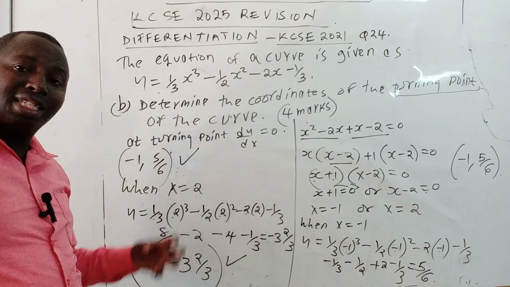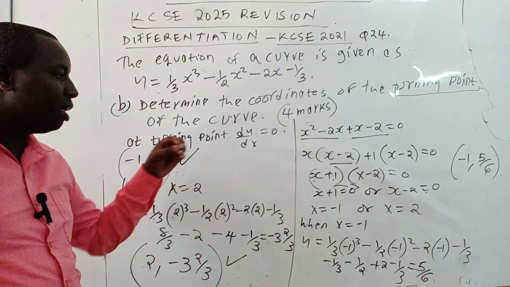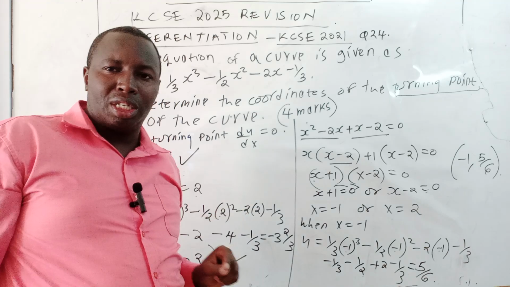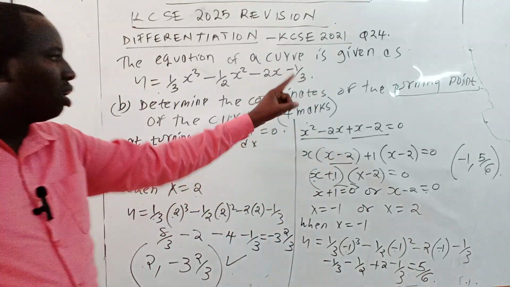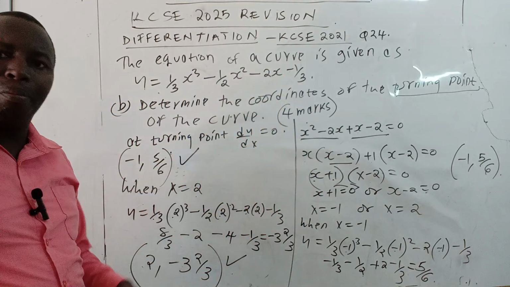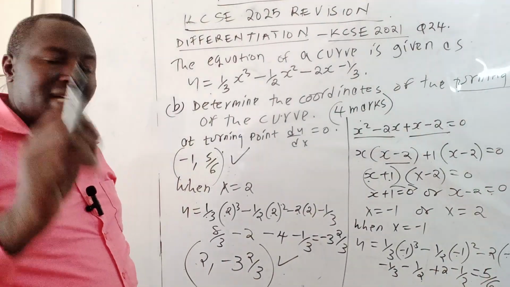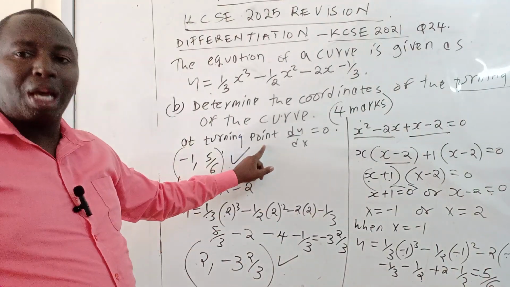In this question part B, the examiner was testing whether the student knows how to deal with the turning point. The turning point is a major concept there, a major term in that question. The turning point, dy/dx equals to 0. Sometimes the word stationary point can be used.